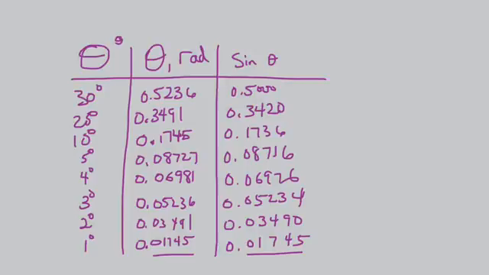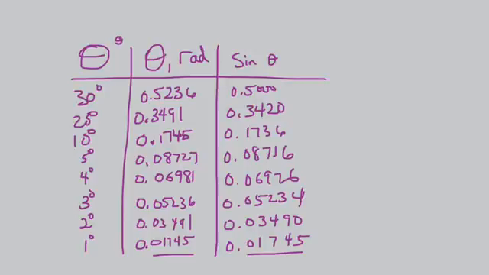Well, and there's the rest of them. And as you notice, as you go down to even 1 degree, to 5 significant digits, sine of theta and theta in radians are the same. That we can make this approximation that if our theta is pretty small, sine theta actually equals theta. That they're the same thing.